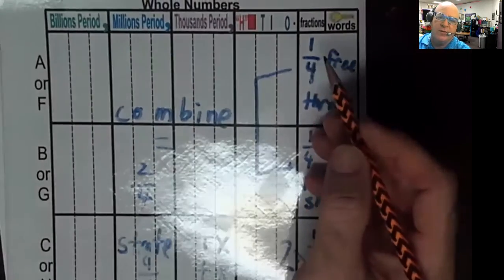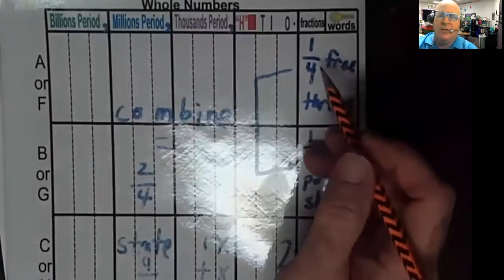So if you think of homes, if this is the 4th home, then the people who live in the home, you can add them together.